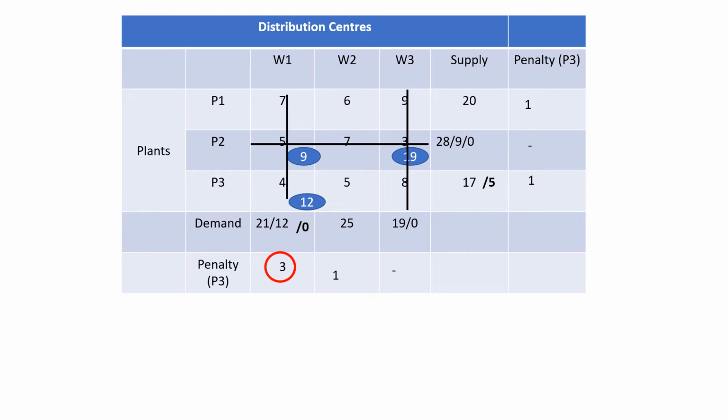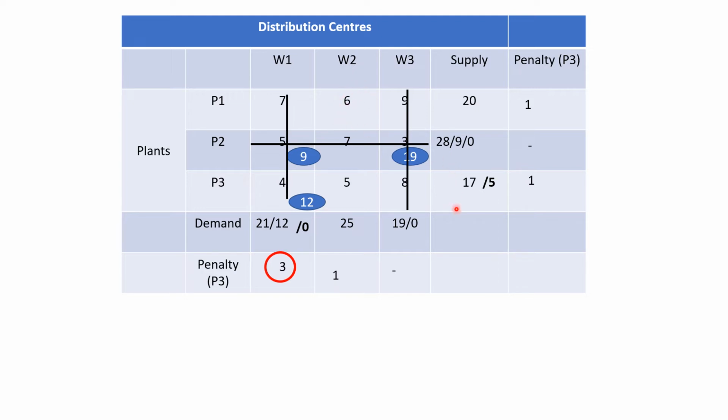And then finally we have got only one column. So stop calculating penalty when you have got only one row or one column. In this case we have only one column, so we will stop calculating penalty and allocate by the least cost method. So in this particular column, which is the least cost? 5 is the least cost, so we will allocate as much as possible to this 5 first. Once done, the remaining is to be allocated to this cell containing the value 6.